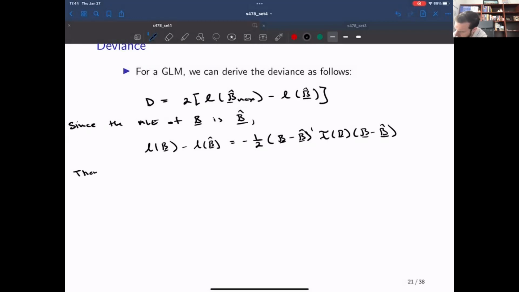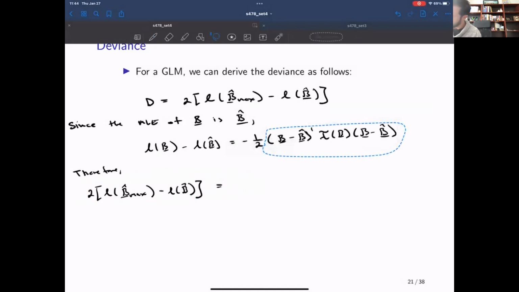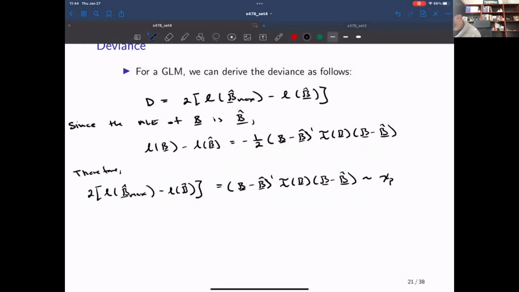Therefore, 2 times L(beta hat max) minus L(beta) is equal to the following, which we know is chi-square p.